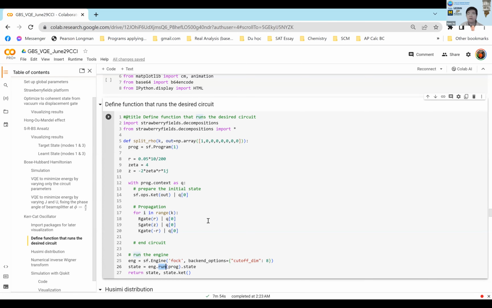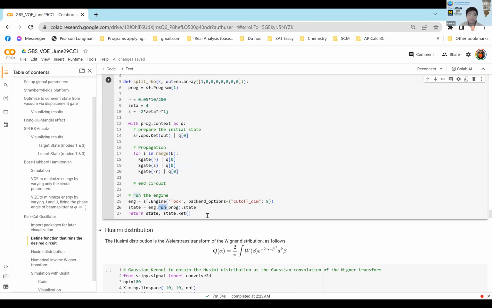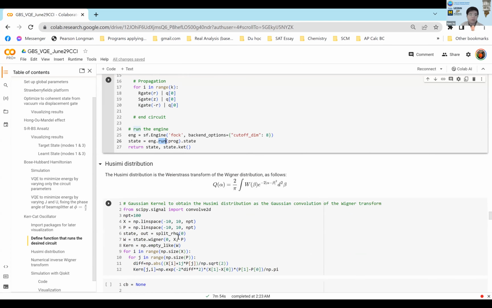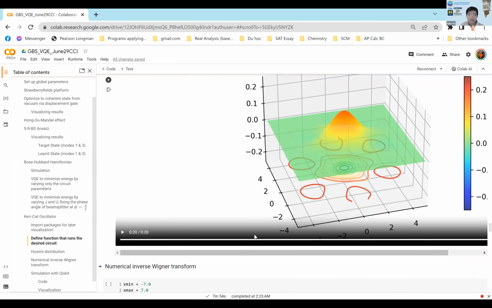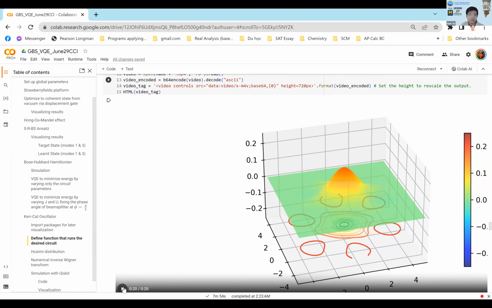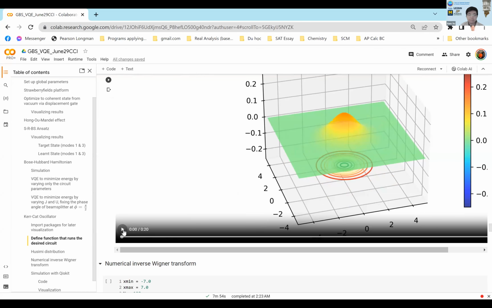And so after we run the circuit, we have multiple tools to analyze our results as well. One of them is to visualize the Husimi distribution here. As you can see, you can actually make an animation out of it. So in this animation, this is the initial state.